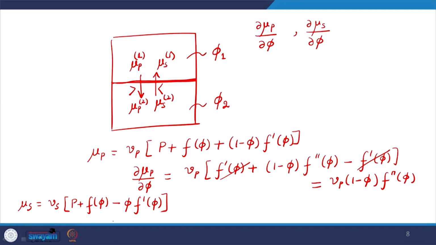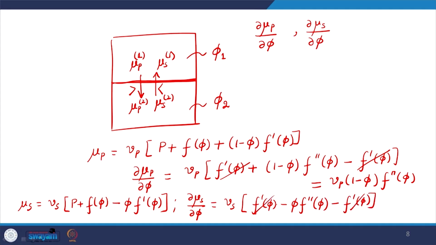So, therefore, ∂mu s/∂phi is going to be Vs multiplied with F prime phi minus phi F double prime phi minus F prime phi. So, again we have cancellation and we get minus Vs phi F double prime phi. Now, we look at the scenarios that we had obtained earlier.